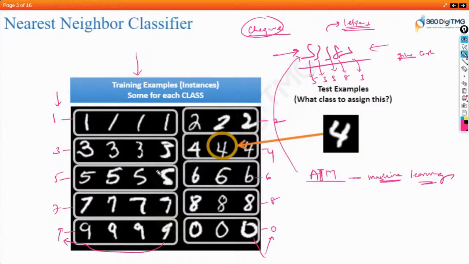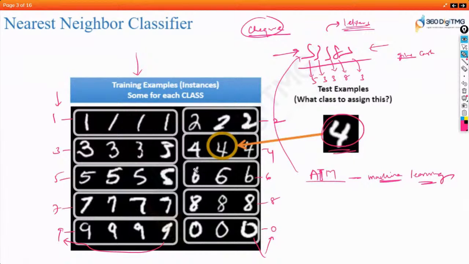Now, if you pass this number to your machine, it has to quickly look into all these numbers and see what it is similar to. What is this number resembling? Where is the closest resemblance among all these classes?